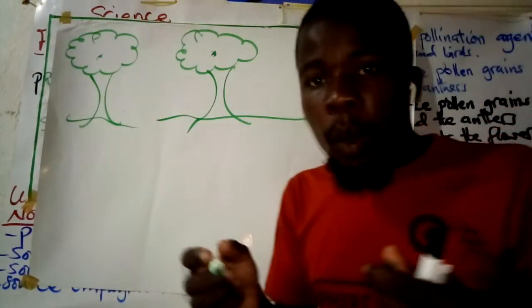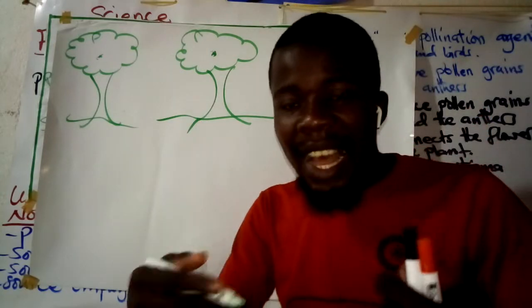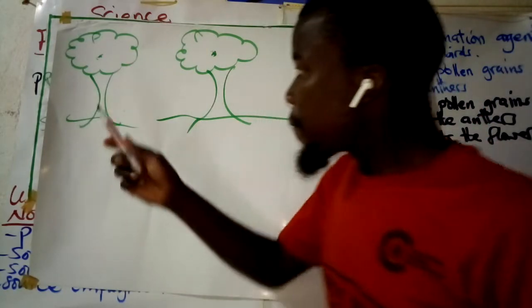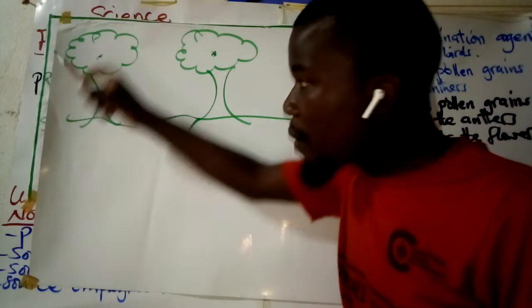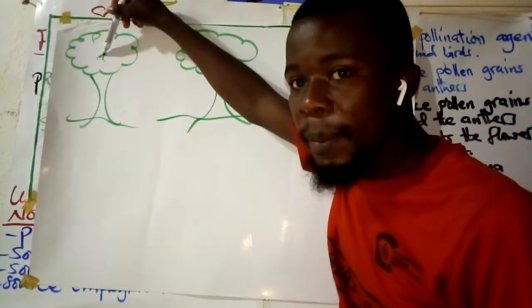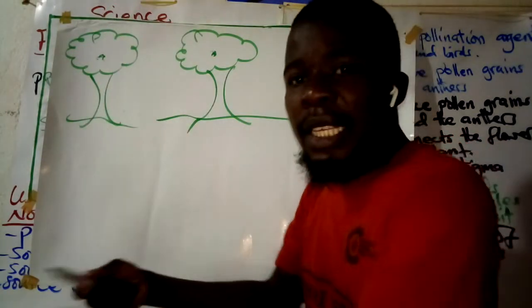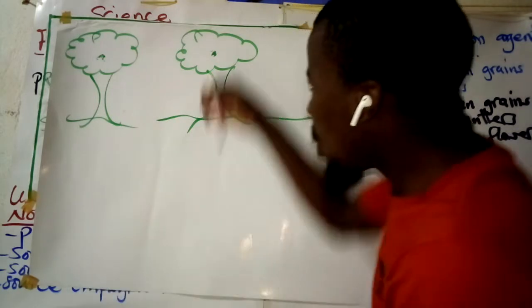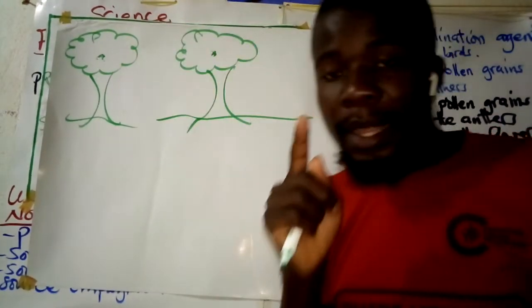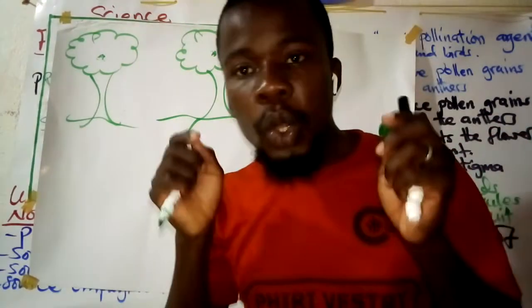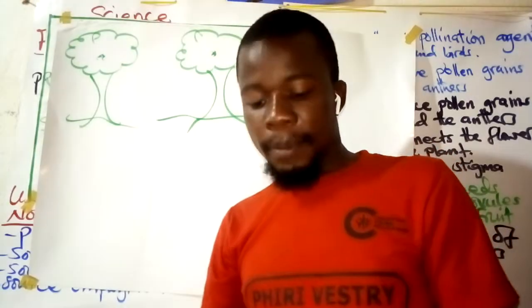When pollen grains are transferred from the anthers of a flower in this tree to the stigma of a flower on this tree, that one is what is called cross-pollination.